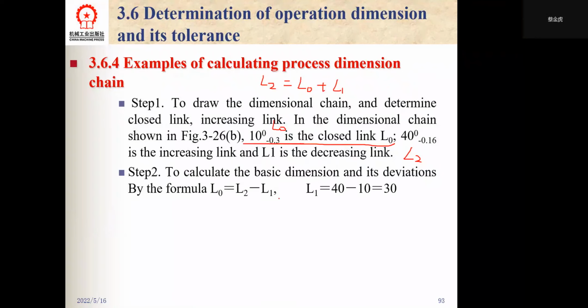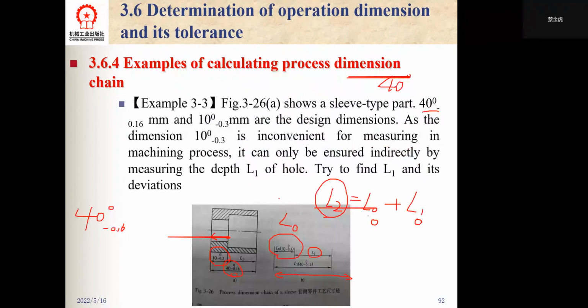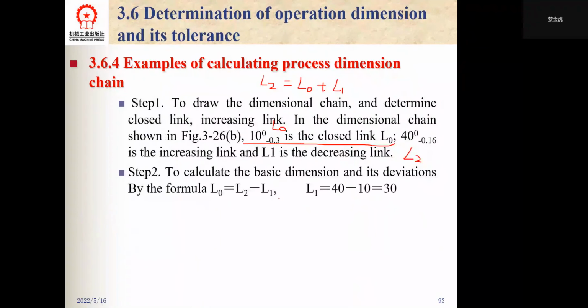To calculate the basic dimension and its deviation, our question is to find L1 and its deviation. We have L2 equals L0 plus L1, and then we rearrange the equation.